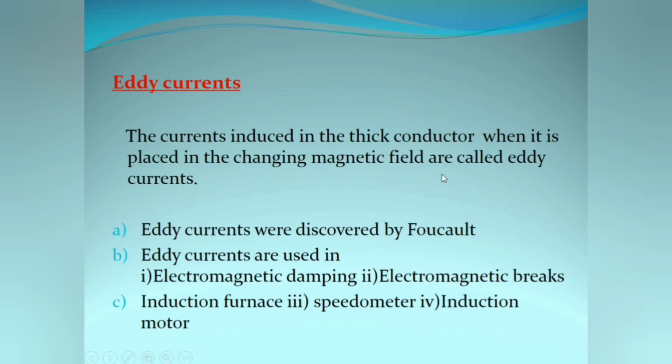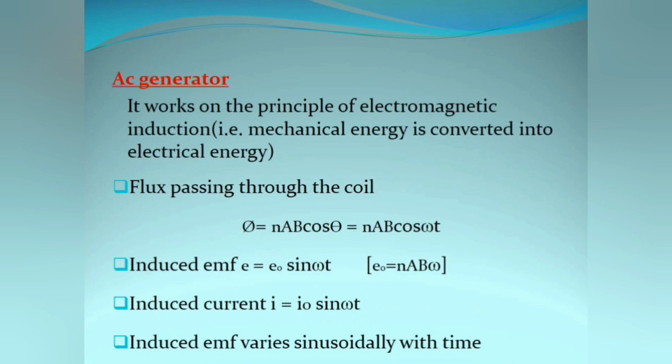These are called eddy currents. Eddy currents are also called Foucault currents because they were discovered by the scientist Foucault. Eddy currents have many applications: electromagnetic damping, electromagnetic brakes, induction furnace, speedometer and induction motor. These are some applications of eddy current.